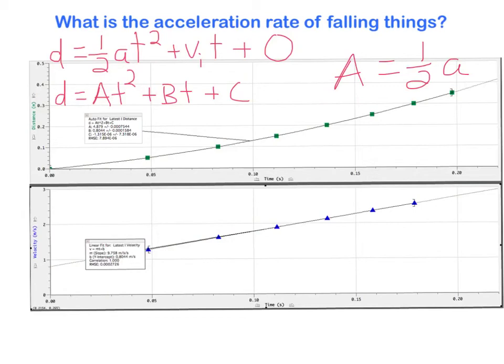So the number that Loggerpro gave for a, which is right in here, is 4.879, and that's equal to half the acceleration.